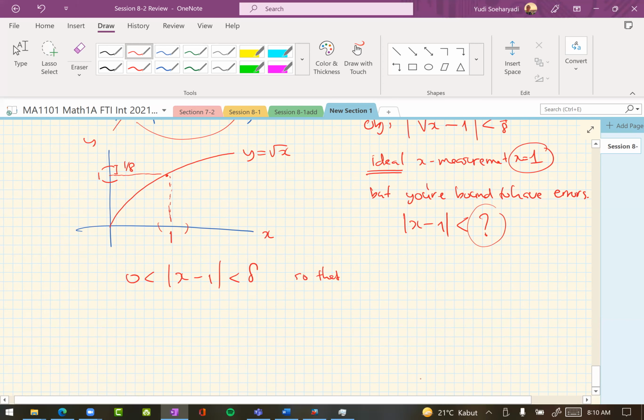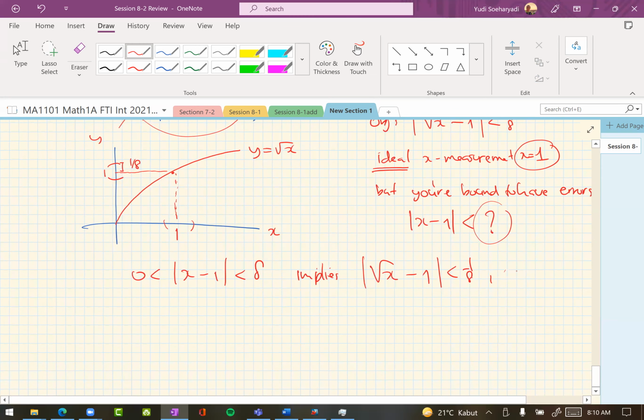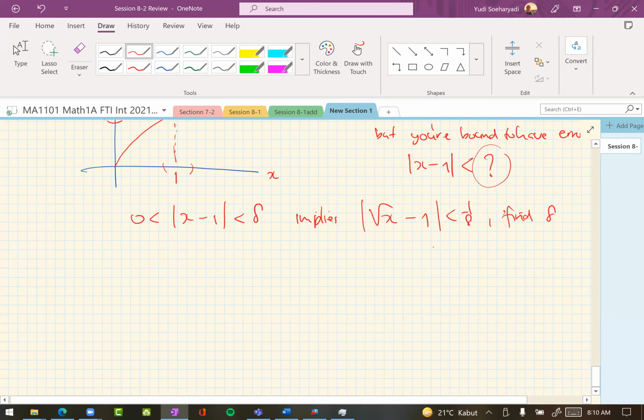So that implies, find this delta. How do we do this? Let's work backward.